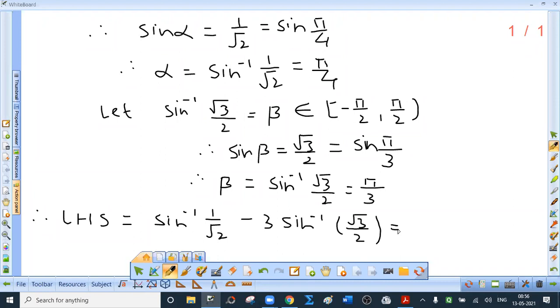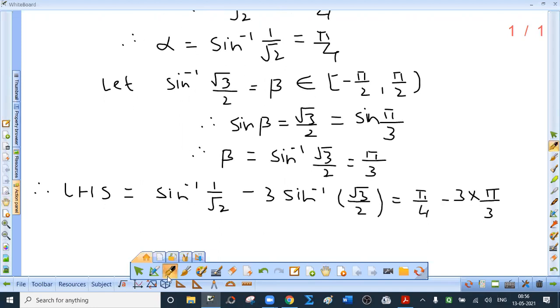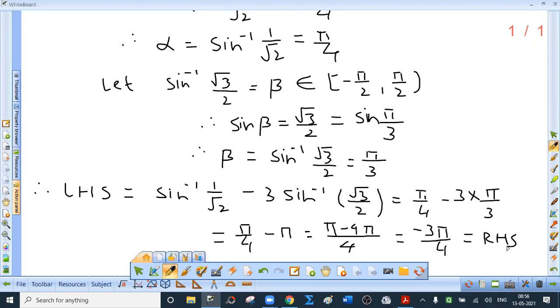That is pi by 4 minus 3 times pi by 3. So this is nothing but pi by 4 minus pi. LCM is 4, so pi minus 4 pi. It comes out to be minus 3 pi by 4, which is nothing but the right hand side.